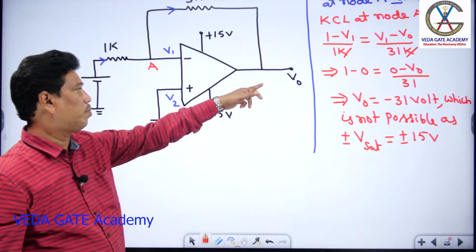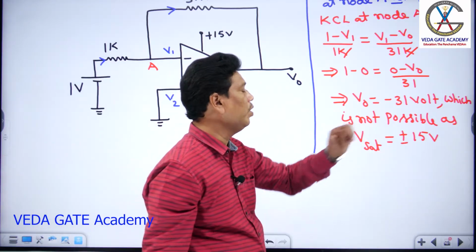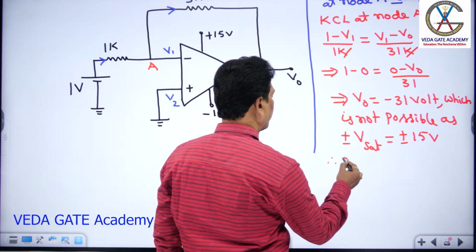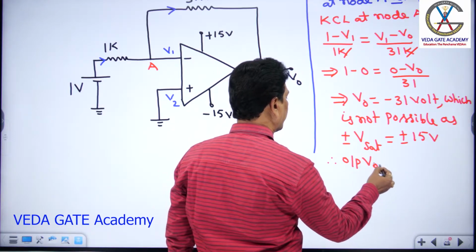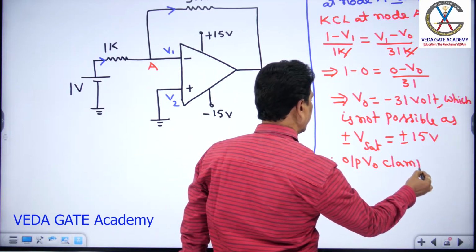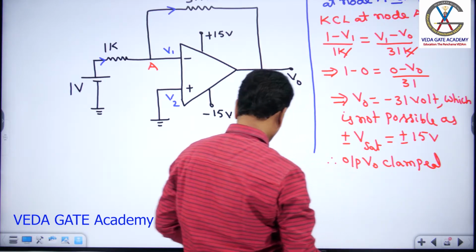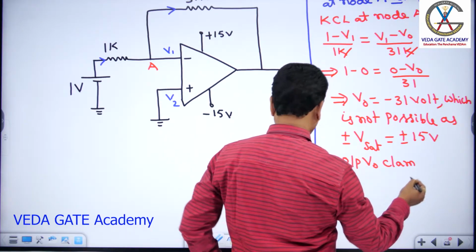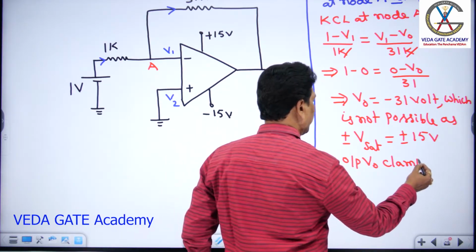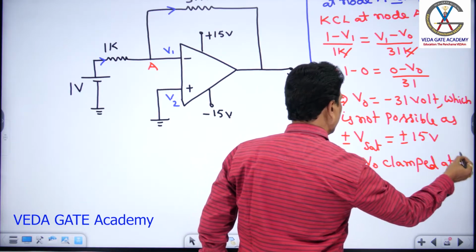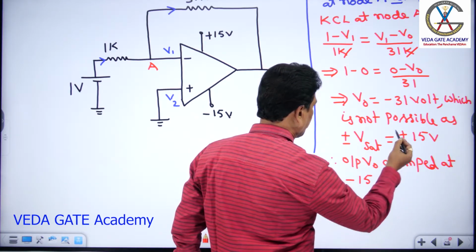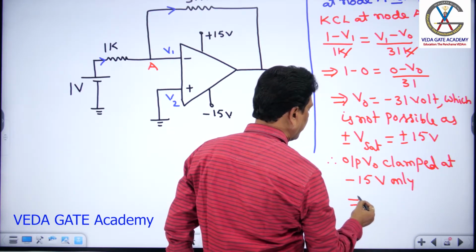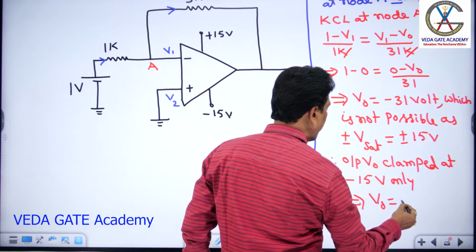So the output should be clamped at the negative saturation value, that is minus 15 volt. Therefore, output V0 is clamped at minus 15 volt only, because the output is negative. So V0 equals minus 15 volt.